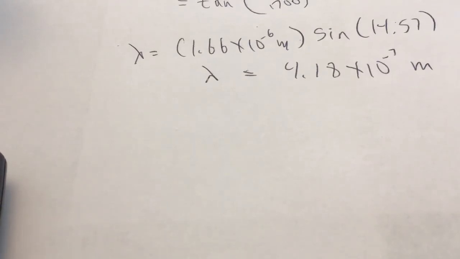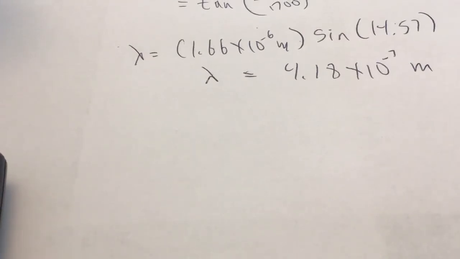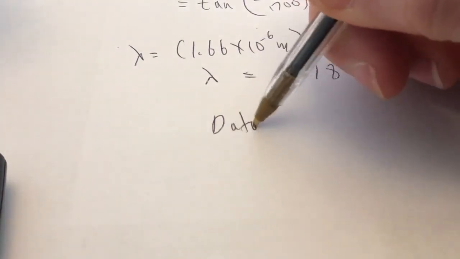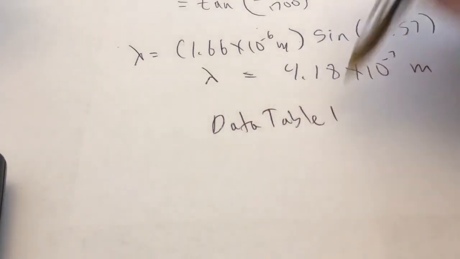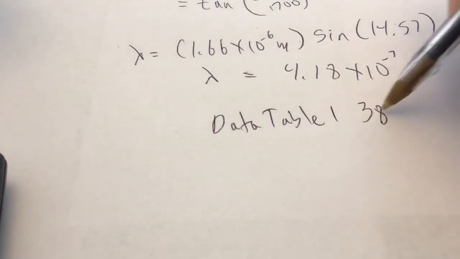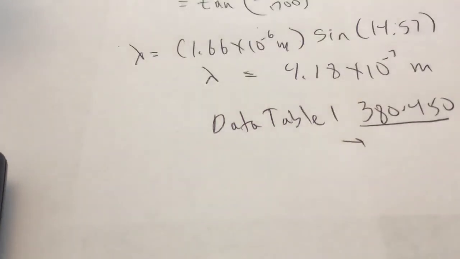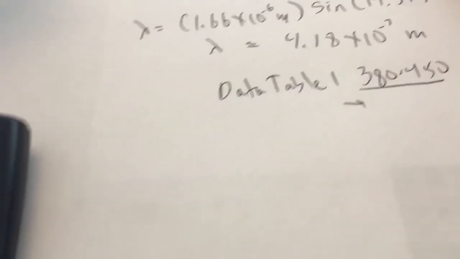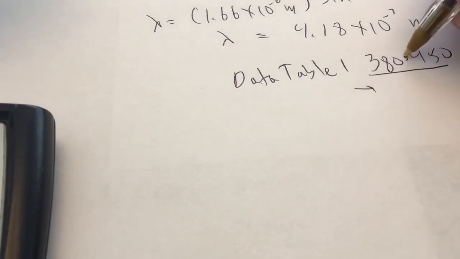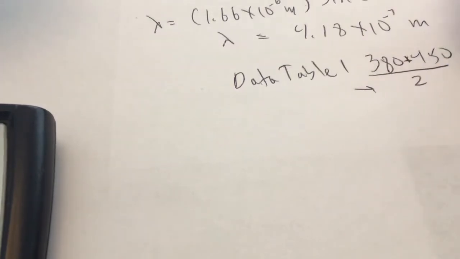Let's look at your data table. The violet, if you look at data table number 1, it gives you the range of violet. The range is 380 to 450. Find the average of that, and then you're going to have to find the average of each of the other colors as well. That means you add the 2 and divide by 2.